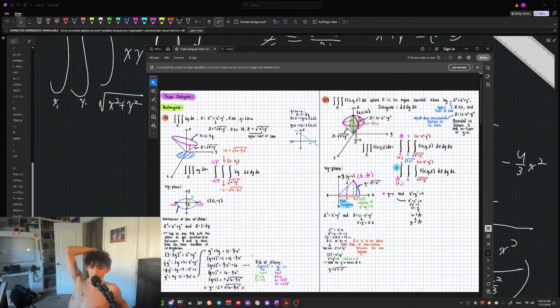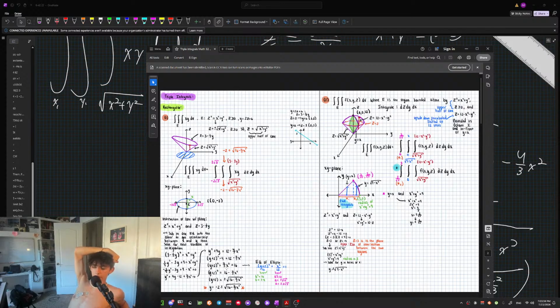X, what is that? How did you get that? How do we know that that is the intersection with the XY plane though?